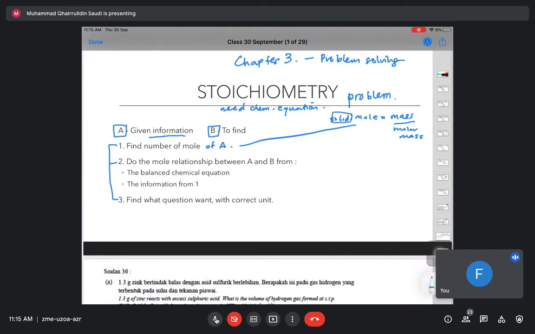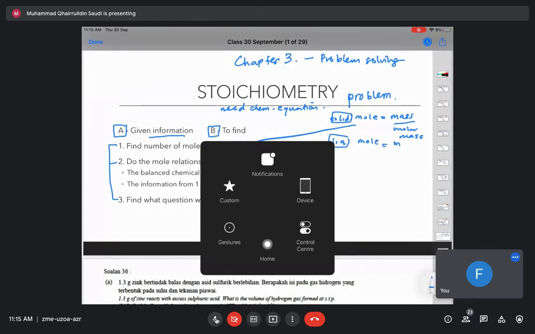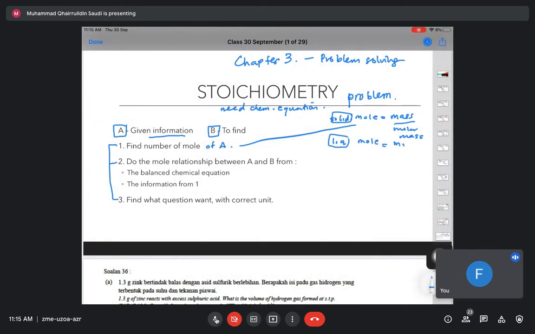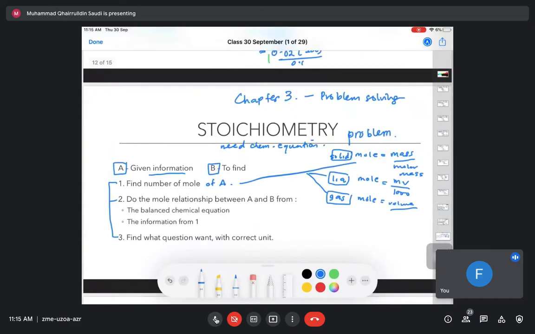If A is liquid, number of mole is MV over 1000. If A is gas, number of mole is volume over molar volume.